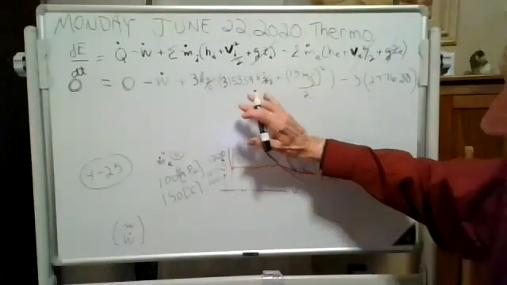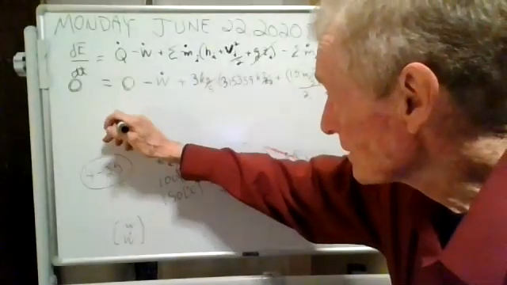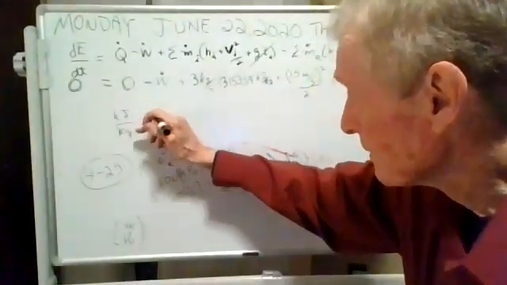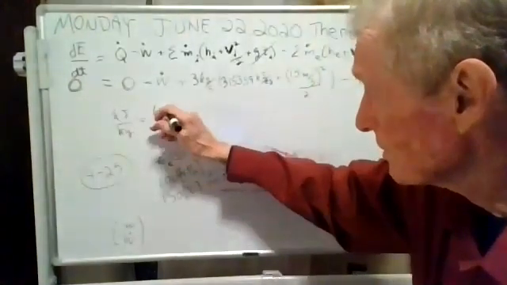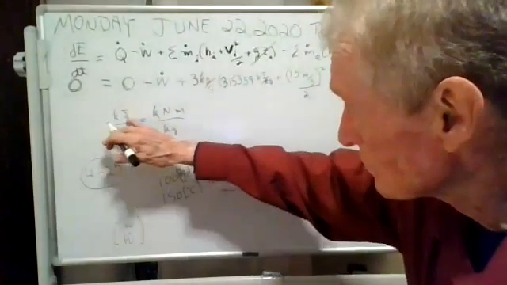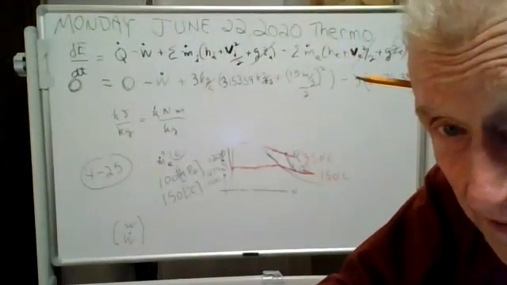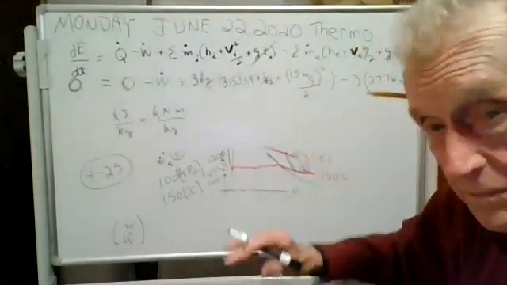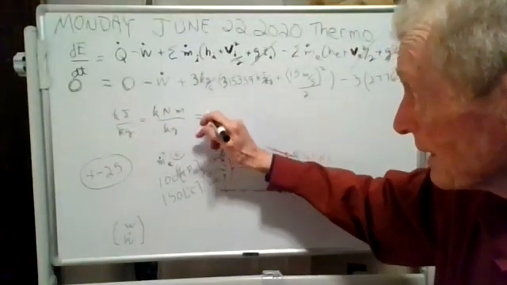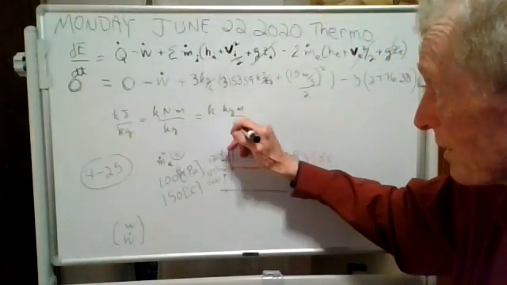Okay, we've got to make the same units. Now here's how you have to do it. It turns out that a kilojoule per kilogram, let me just go through it, is a kilonewton meter. You know that a joule is a Newton meter, don't you? See, a kilojoule is a kilonewton meter, and a Newton is a kilogram meter per second squared.